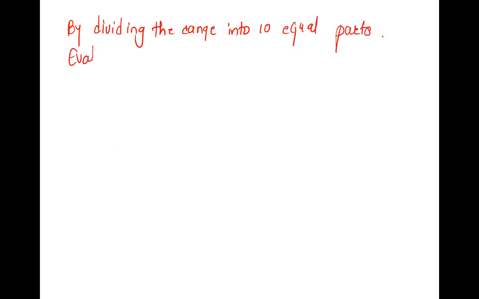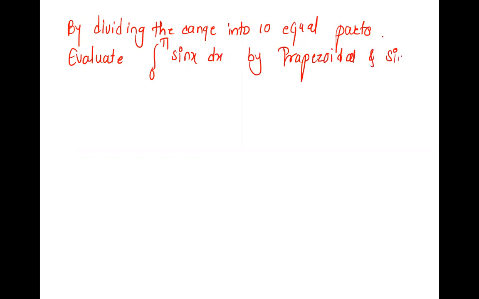Evaluate the integration from 0 to pi of sin x dx by the trapezoidal rule and Simpson's rule. Which Simpson's rule can you use? Verify your answer with integration, which means we have to compare with the actual value.